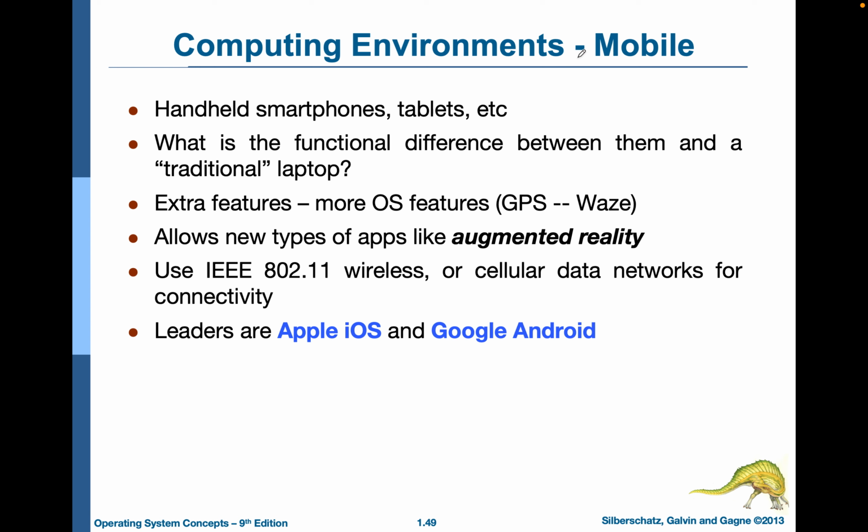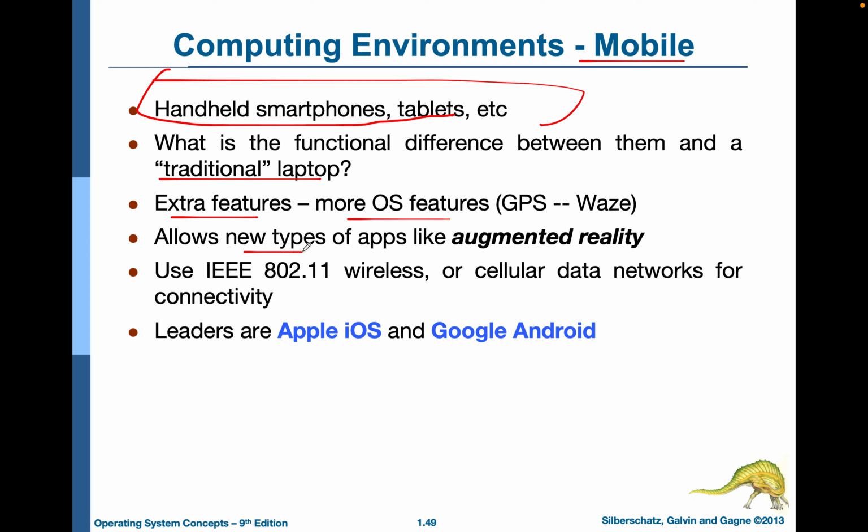Next, computing environments, which is mobile computing, normally using handheld devices like smartphones, tablets, and so on. What is the functional difference between them and a traditional laptop? Extra features, more OS features.